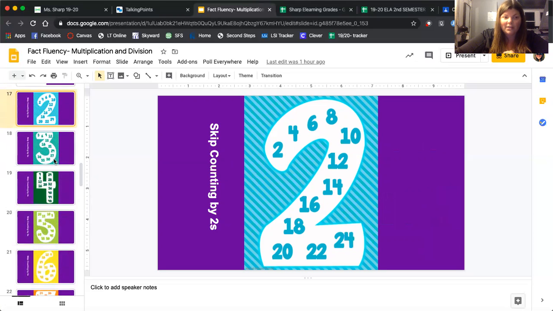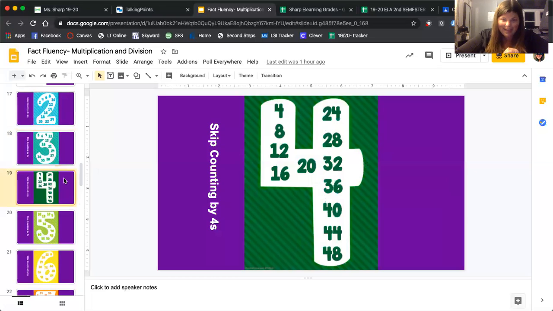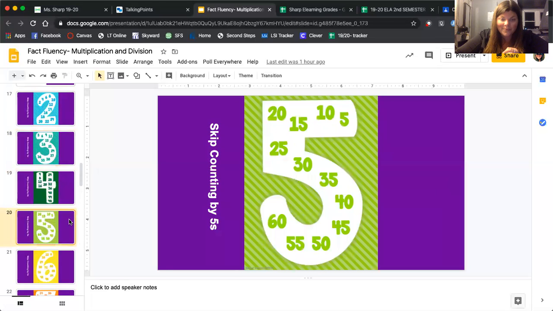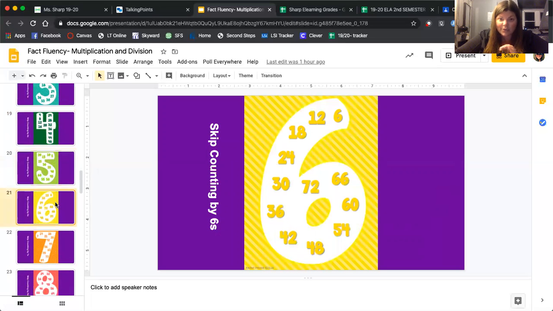I'm going to pause on each of these. So if you are wanting to do skip counting, or if your divisor is one of these numbers, you can pause the video at that number. So if your divisor is 6, you would stop now.